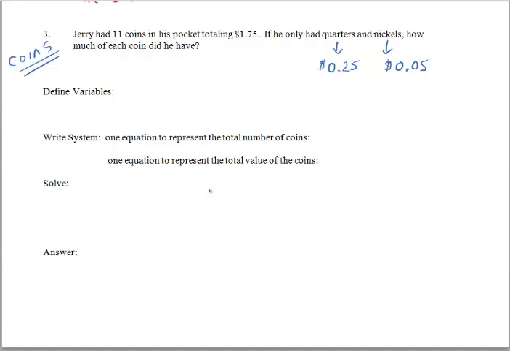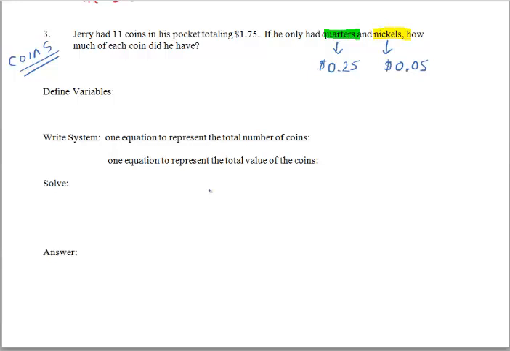Okay, so to find my variables, well, Jerry had 11 coins in his pocket totaling $1.75. He only had quarters and nickels, and how many of each coin did he have? So I have quarters as my one variable, and nickels is my other.